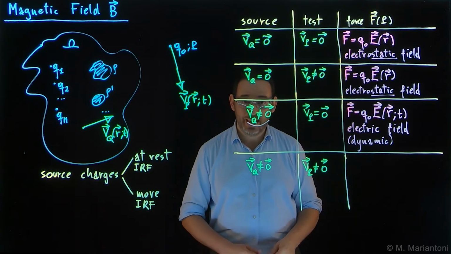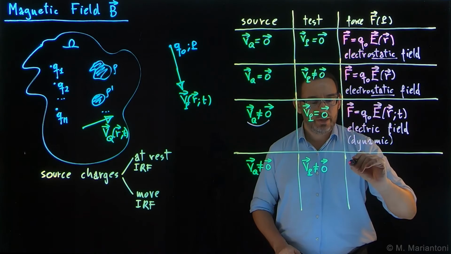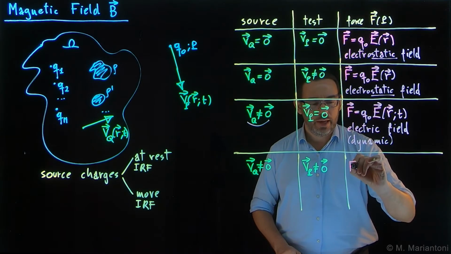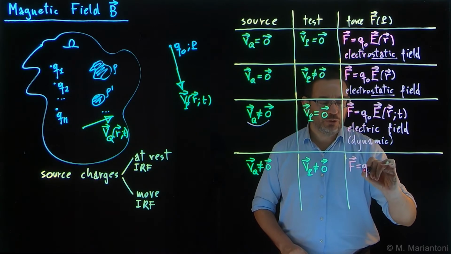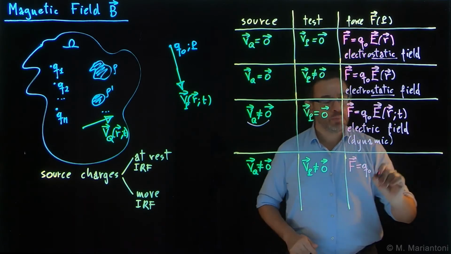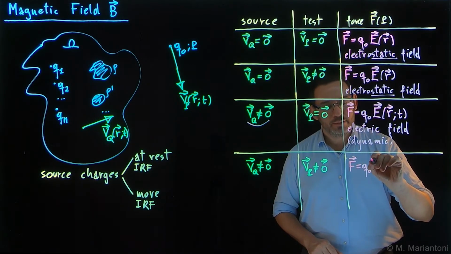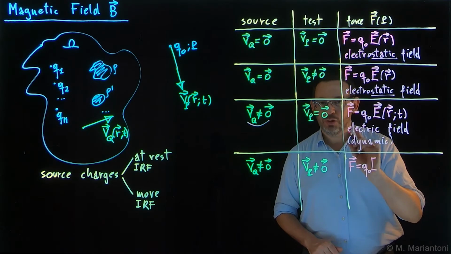Well, from the experimental evidence, it so happens in this case that the force F acting on Q naught still happens to be proportional to Q naught. That's the same. But it's a little bit more complicated because it has two terms.